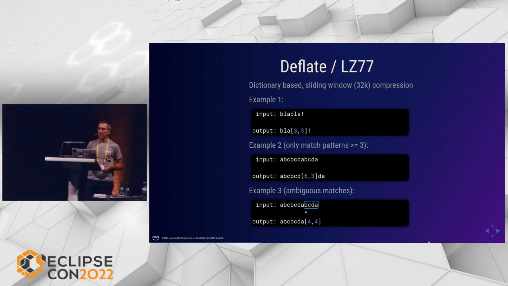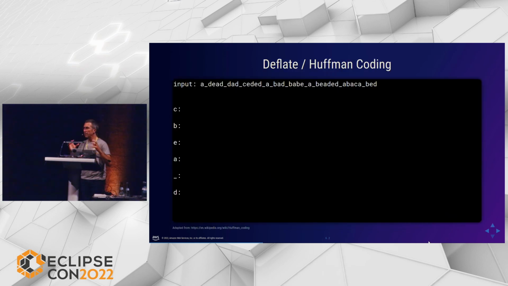So 0 is the lowest compression level, optimized to run as fast as possible, but the compression rate is not so great, and 9 is the best compression rate, but might take quite some time, and 6 is the default. So in Java, if you just use the zip Deflater, it will use 6 as the default compression level, and that's also if you use the zip utility on the command line.